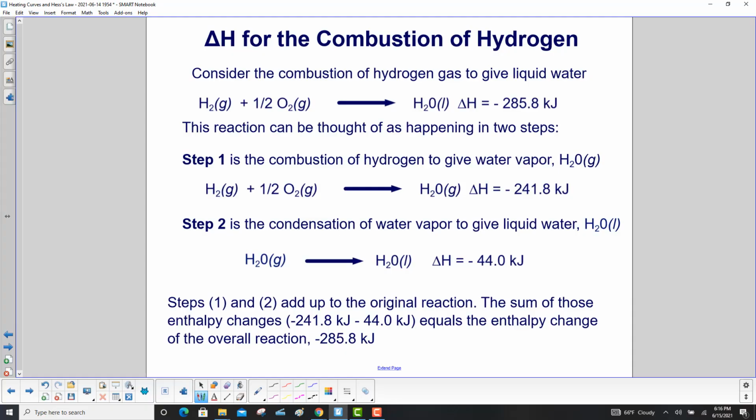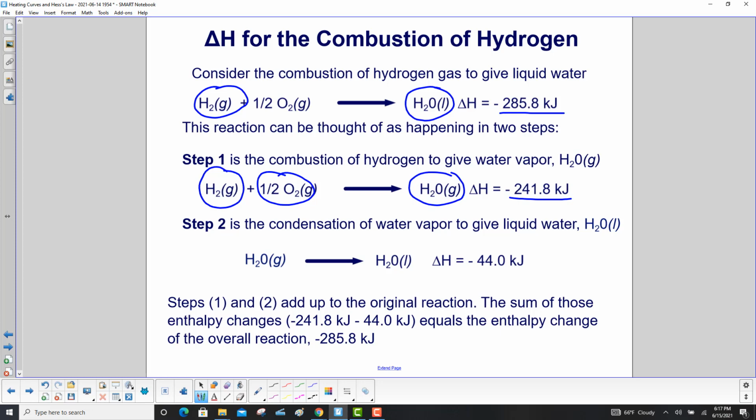Consider the combustion of hydrogen gas to give liquid water. That delta H is minus 285.8 kilojoules. We can think of that as happening in two steps. One, we combust the hydrogen, with oxygen of course, to give water vapor, water in the gaseous form. That delta H is minus 241.8 kilojoules.